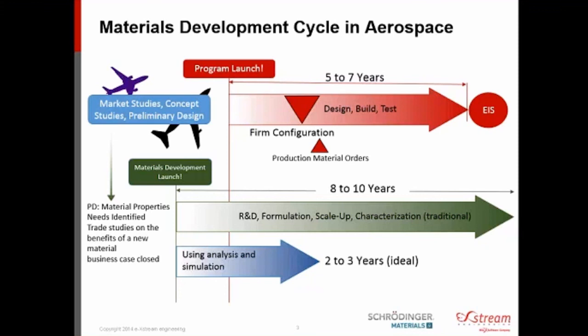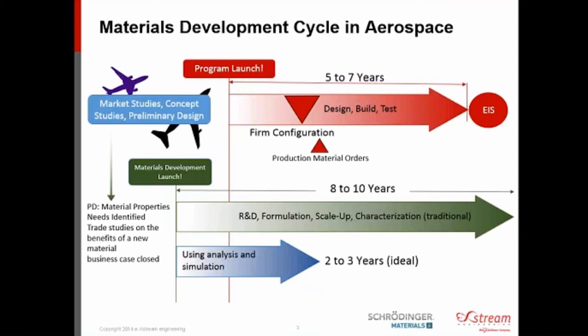And in several of the last large materials development programs, that has taken 8 to 10 years. And actually, the actual materials development wasn't even finished during the program. And they had to do some things to alleviate the problems that were caused by that.